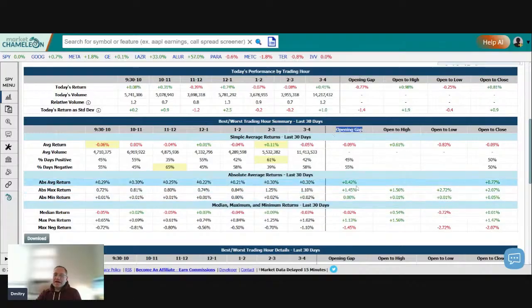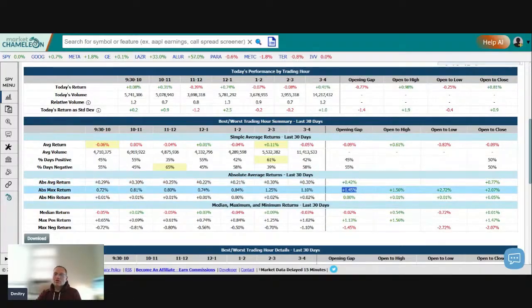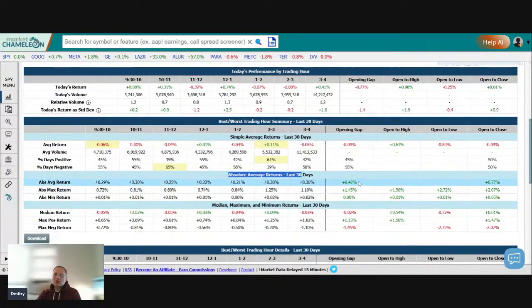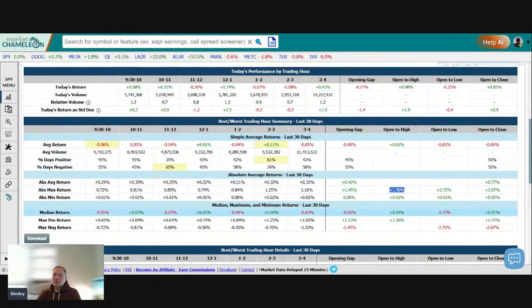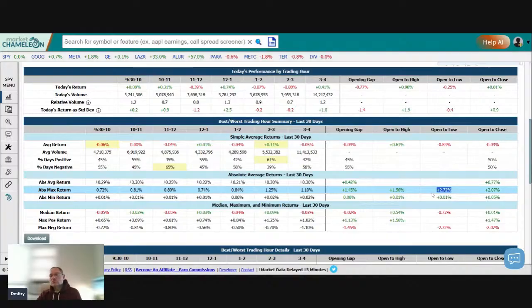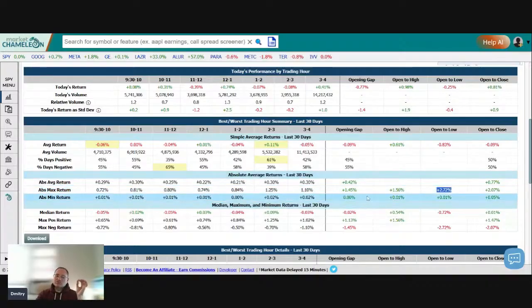And on the opening gap, again, these are all based on absolute biggest moves. So we see on average 0.42%, the max move 1.45%, the max move to the open to the highs 1.56, the max move to the lows 2.72. So if we measure it from the opening, well, this one's from the close to the opening.